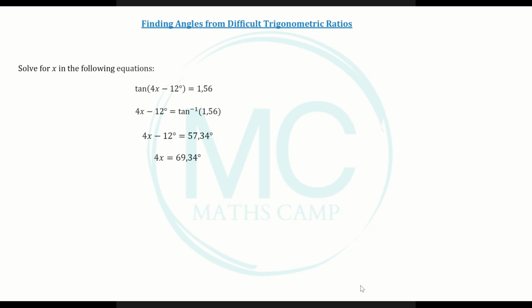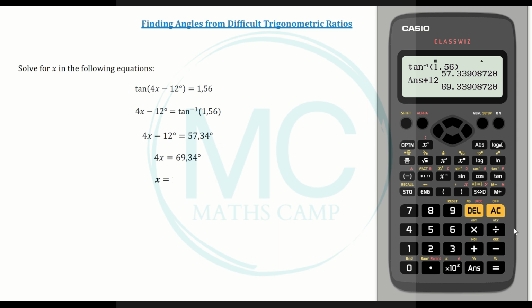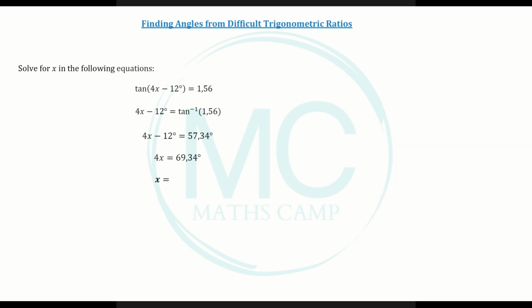We have 4x, but we want x, which means we now have to divide both sides by 4. So x is equal to, take our calculator, divide our answer by 4, and we get 17,334 degrees, which rounds off to 17,33.